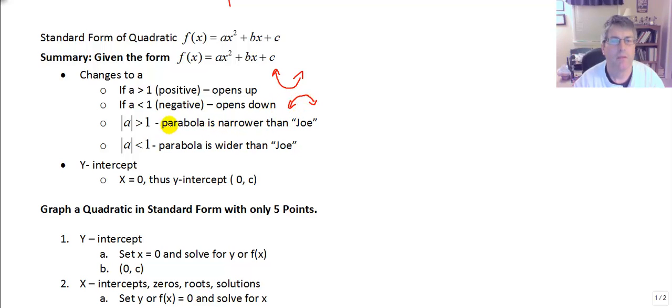So now if the absolute value of a is greater than 1, even if it's a fraction, like 3 halves, or a could be 4, a could be 12 sevenths, these are all greater than 1.